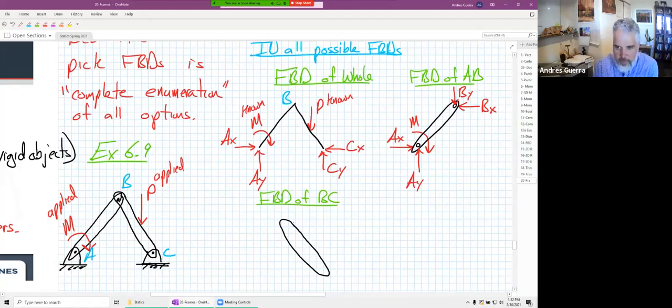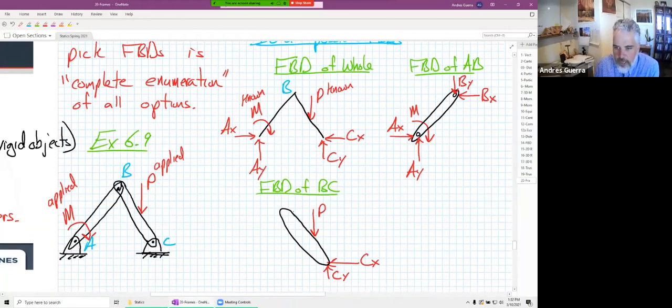We have this known applied force of P. At C, we have already drawn CX and CY. I'm exposing those same forces, so CX needs to go the same direction as I already drew it. CY needs to go the same direction as I already drew it there as well. And so there's our CX and our CY.